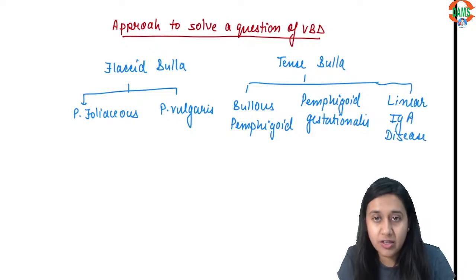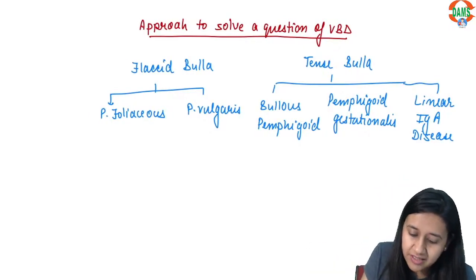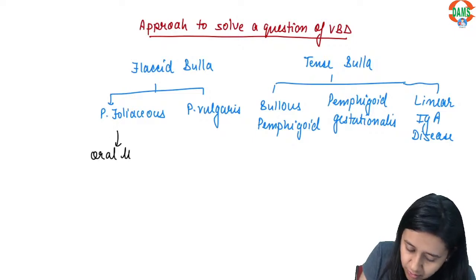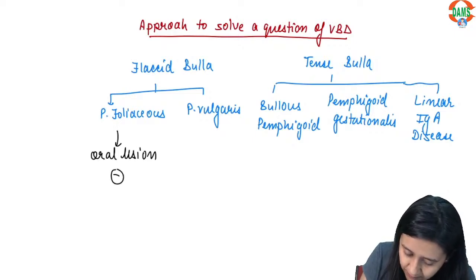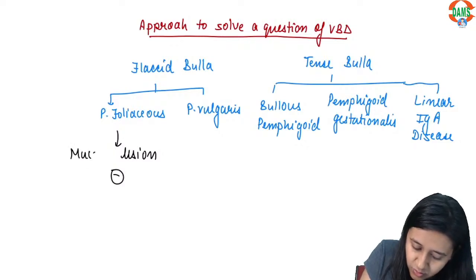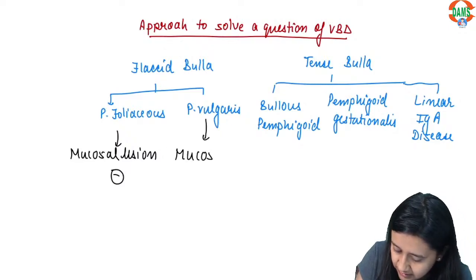These are the tense bulla related diseases, and the first one is the flaccid bulla. Now, how will you differentiate foliaceus from vulgaris? When we look for the oral or mucosal lesions, they are absent. A better term than oral is mucosal. You do not see mucosal involvement in foliaceus, but mucosal lesions are seen in the patients of vulgaris.